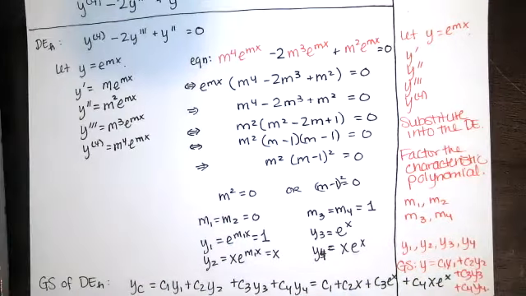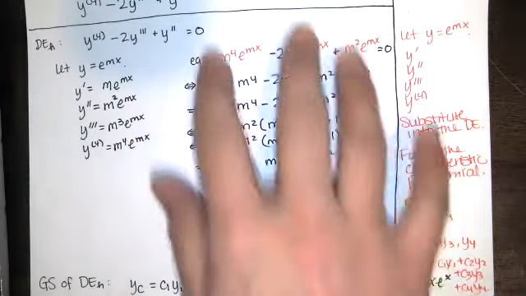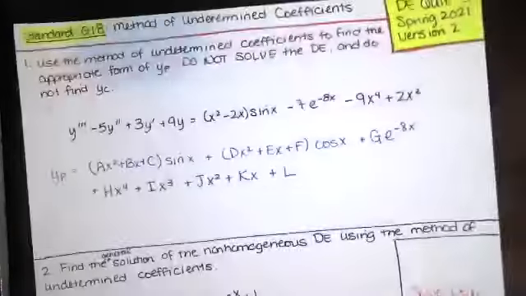Okay, you've got to keep that in mind when we look at the right-hand side and come up with our educated guess. So now we're going to focus on solving the non-homogeneous problem.